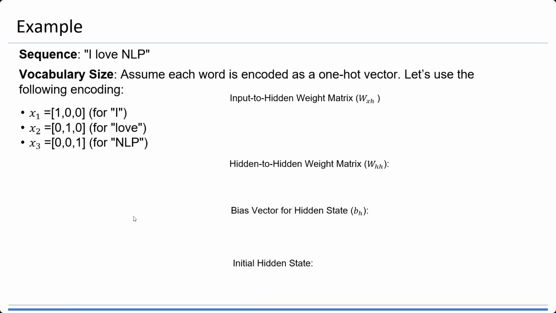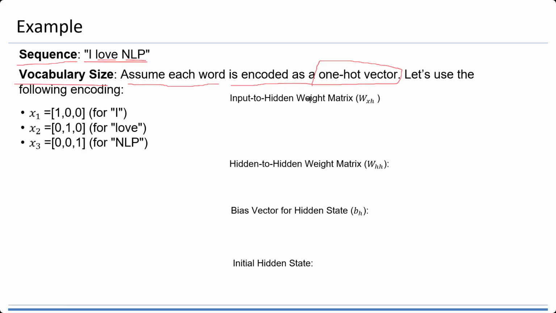So let's see an example of how to calculate the RNN. Let the sequence be this one: I love NLP. For the vocabulary, assume each word is encoded as a one-hot vector.